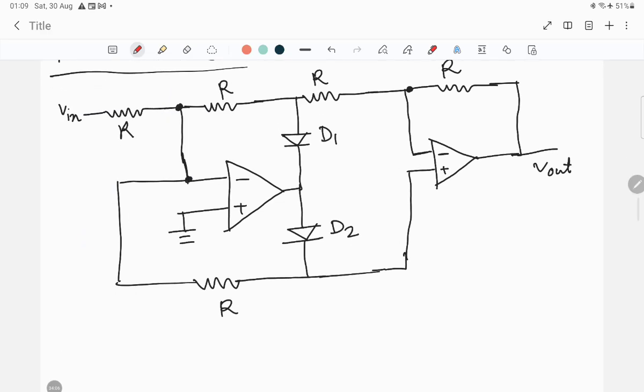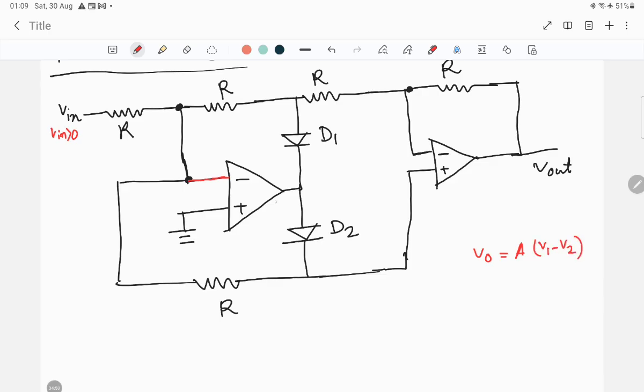For the first positive half cycle, V in is greater than 0. So what will happen? If we consider that in the non-inverting terminal you are providing 0 volt, and in the inverting terminal you are providing the high signal value, or a positive signal value, then the output of the op amp is V1 minus V2.